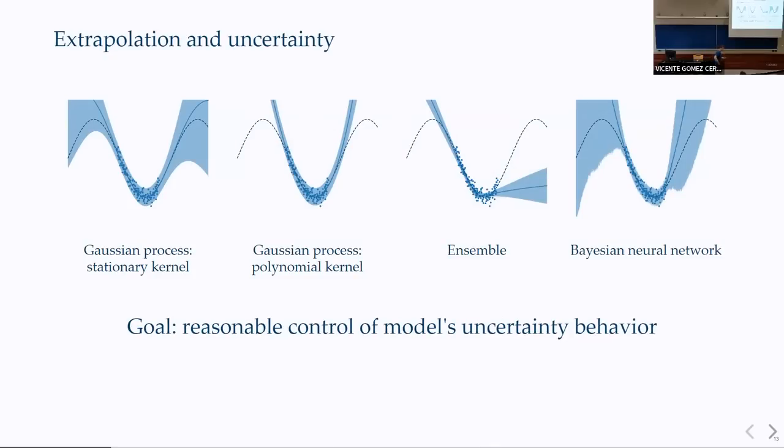But ultimately, what it would be very nice to be able to do is to say, this is how I want my model to extrapolate, and this is how I want it to handle uncertainty. And for a reasonable natural language description of what you would want it to do, to actually be able to design a model that achieves that. And so much of the motivation behind some of the work that I'll tell you about in this talk is going to be from goals like this.